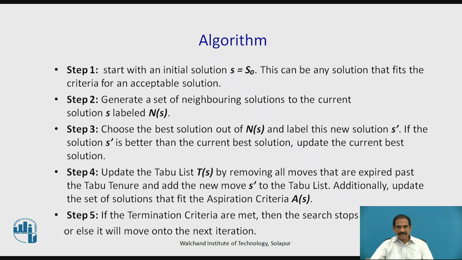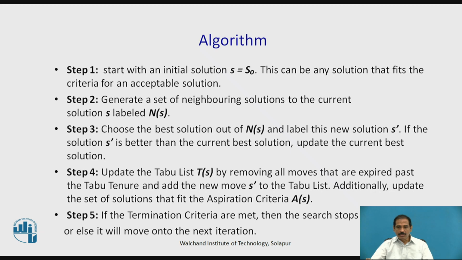We generate the set of neighboring solutions to the current solution to check whether they are better, and we label this set N of S. We choose the best solution of N of S and label it S dash. If the solution S dash is better than the current solution, update the current solution to be the best, and we update the tabu list by removing all the moves that have expired past the tabu tenure and adding the new move S dash to the tabu list.